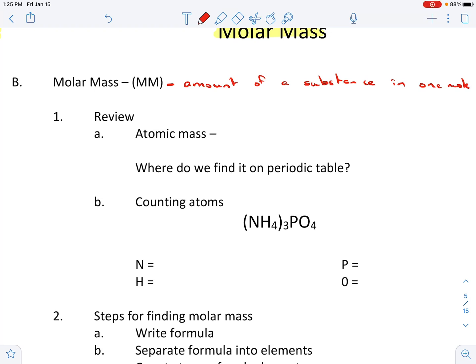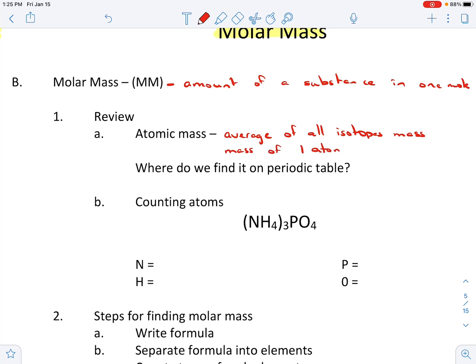Okay, on to it. Just some stuff for review. For this section, you need a periodic table and a calculator. If you don't have that, go ahead and hit pause and come back to it. All right, so atomic mass. Atomic mass, remember, is the average of all the isotopes' mass, or we could just say the mass of one atom.